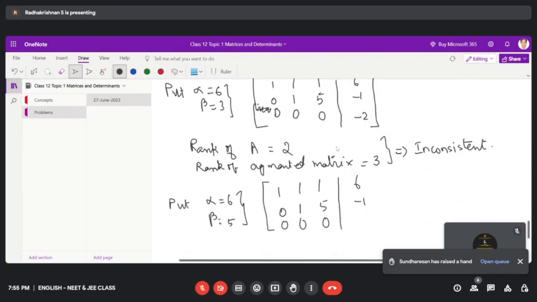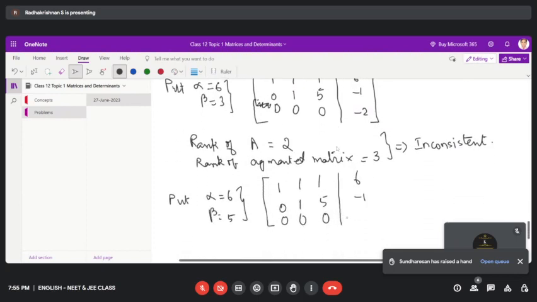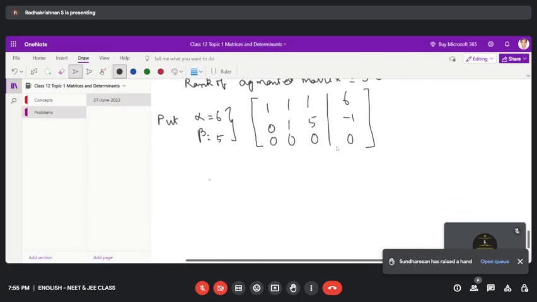This is beta minus 5, so if you put beta equal to 5, this becomes 0. From here, the rank of A is 2, and the rank of the augmented matrix is also 2, because this is also vanishing. Since these two match, this has a consistent solution. Rank should be equal.